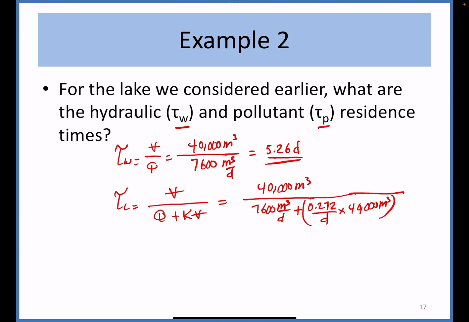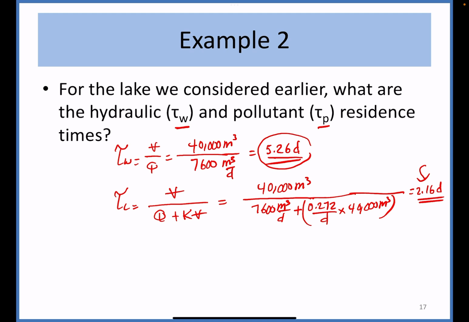And this would give you 2.16 days. So the organic will stay inside the CSTR 2 days and 0.16 of the day. The water will stay inside the CSTR 5 days and 0.26 of a day.